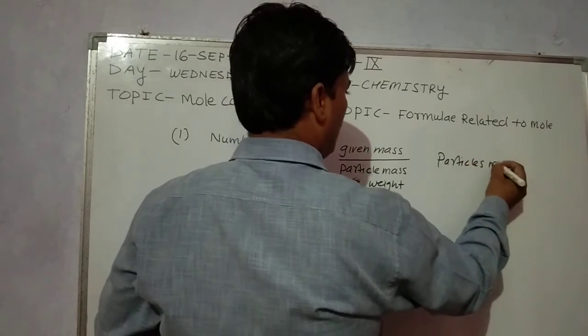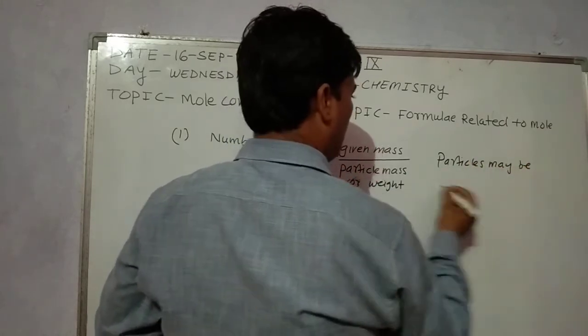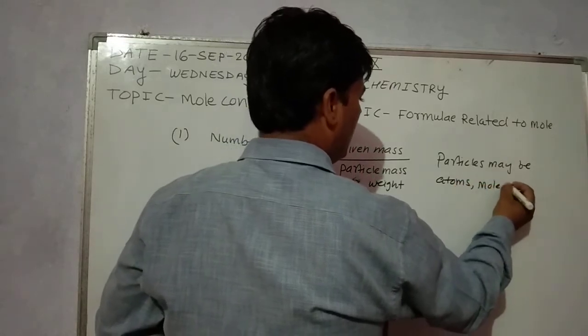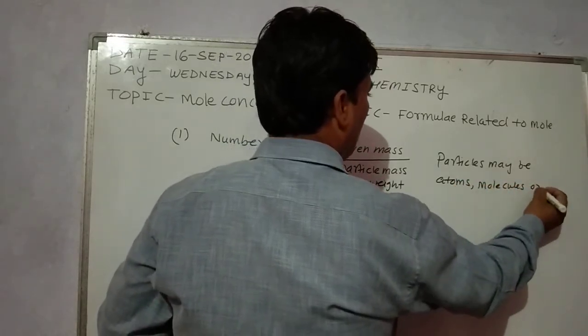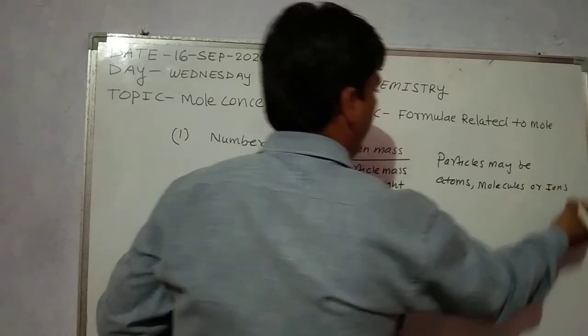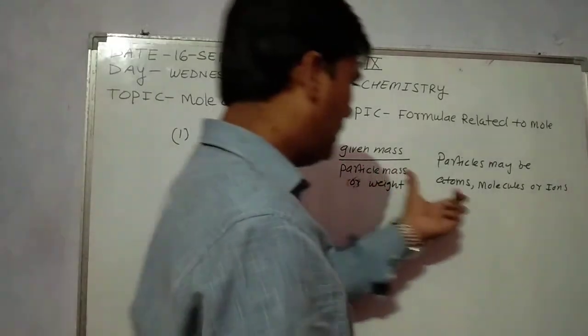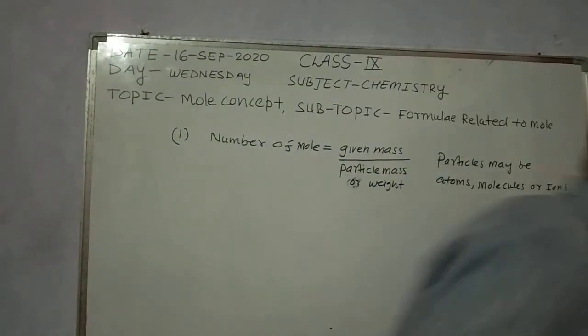Particles may be atoms, molecules or ions. So particle may be atoms, molecules or ions.